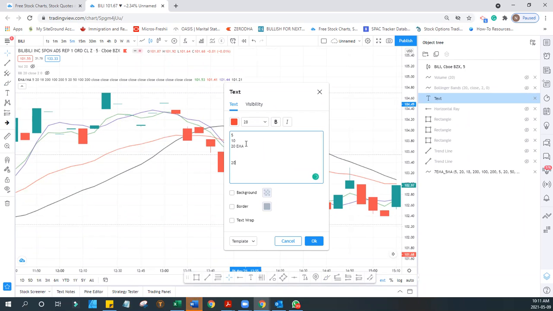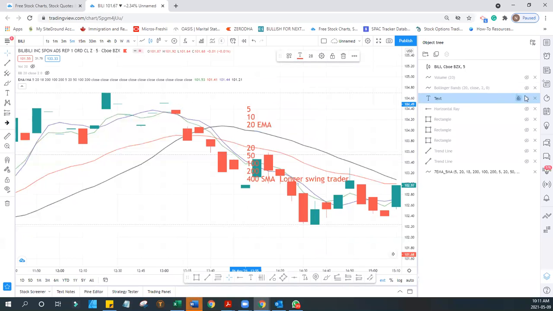For the SMA, 20, 50, 100, 200, and worst case scenario 400 SMA. That's for the longer time frame, the longer swing trader.